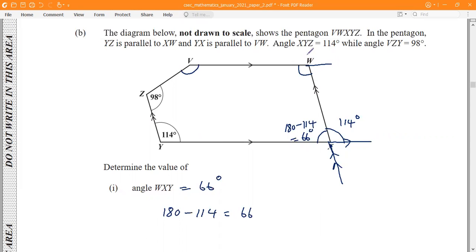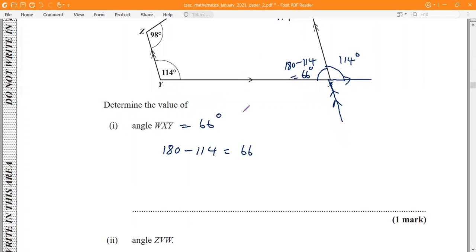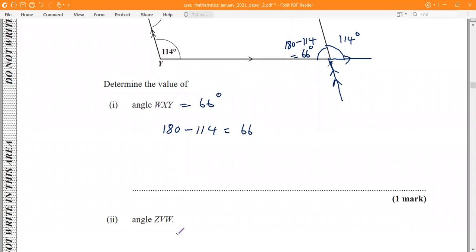We can extend these sides a little bit, and we will see that this angle appears 114 degrees. With vertically opposite angles, the angle at W, VWX, will also be 114 degrees. We know that a pentagon has 180 times n minus 2 degrees on the inside, where n is the number of sides.